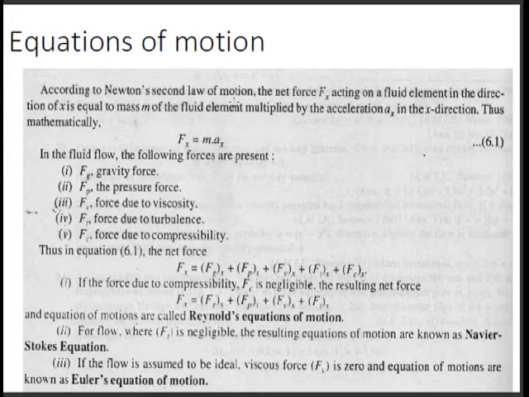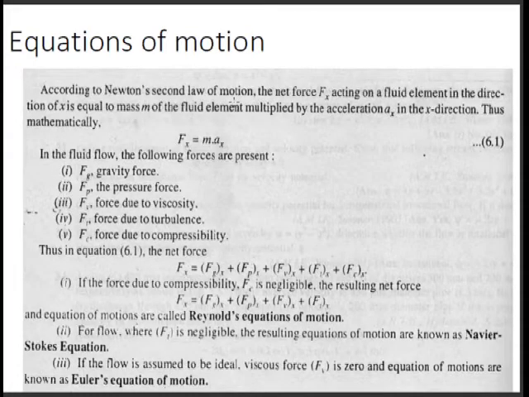Then if the force due to compressibility, Fc, is negligible, it is removed and equal to 0. So the remaining terms will be, the resultant net force is Fg plus Fp plus Fv plus Ft.